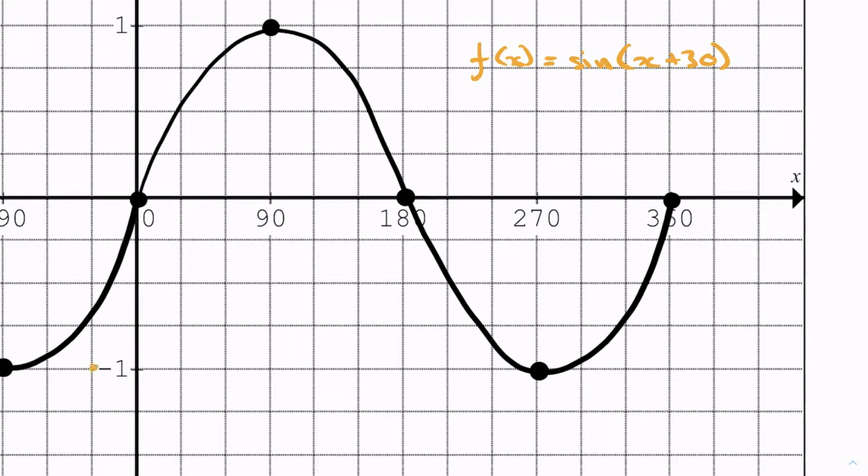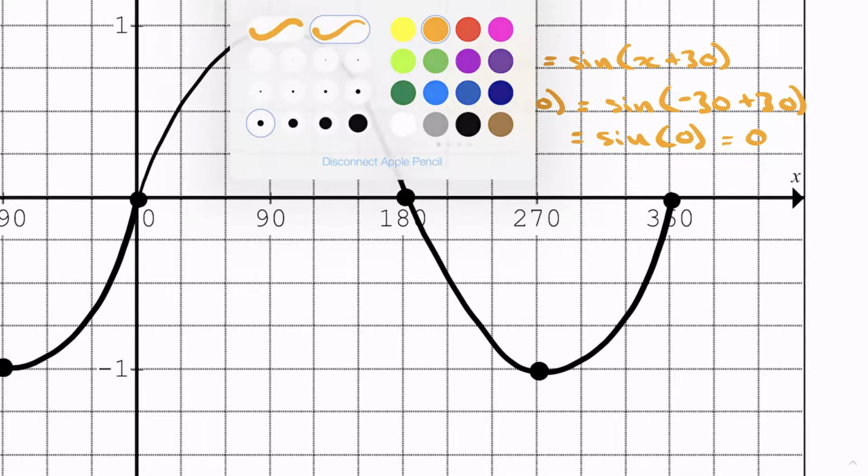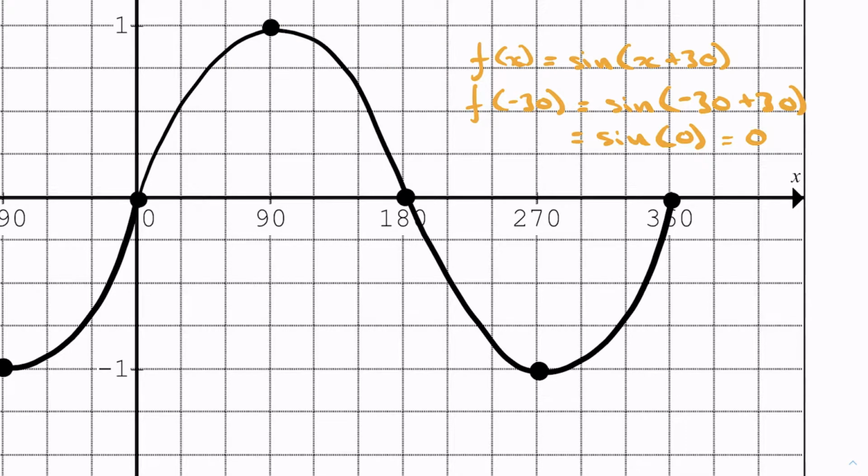So negative 30 is over here on my grid. I'm going to put f of negative 30. That'll give me sine of negative 30 plus 30, which is just sine of 0, which is just 0. In other words, when x is negative 30, f of x is going to be 0.